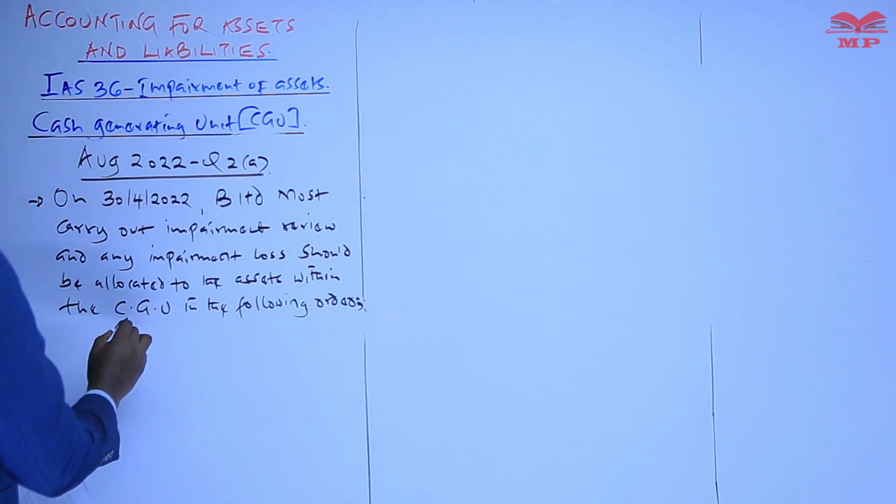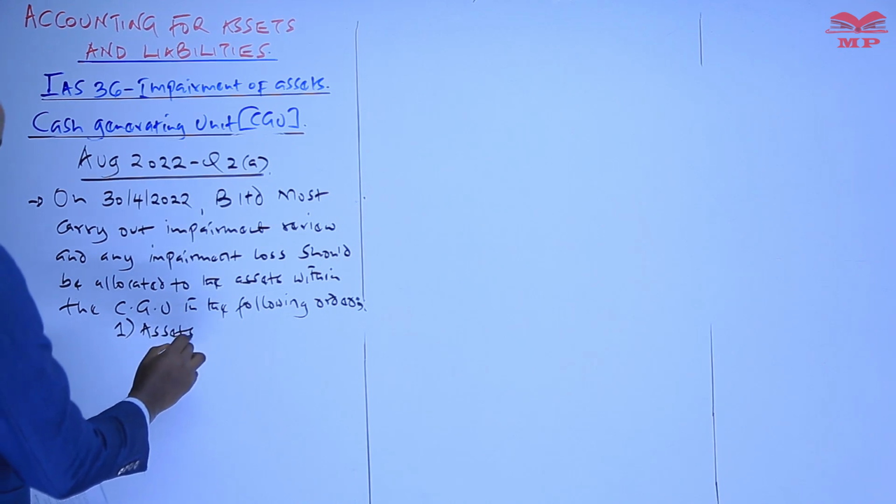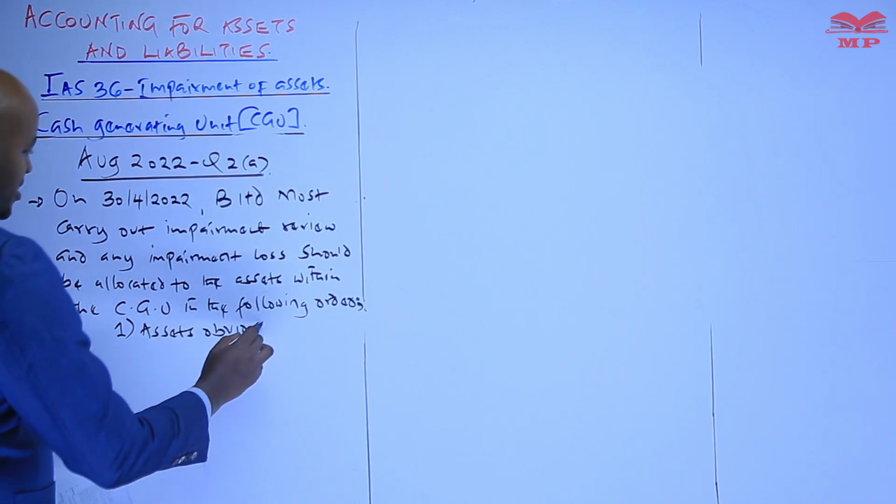One, we have said impairment loss should be allocated to assets which are obviously impaired.